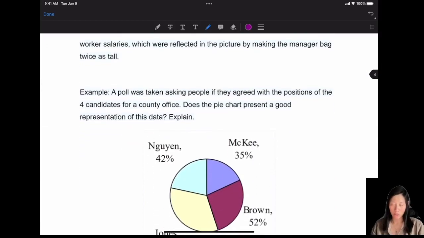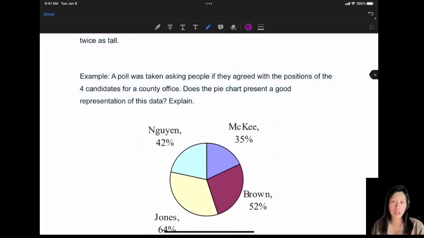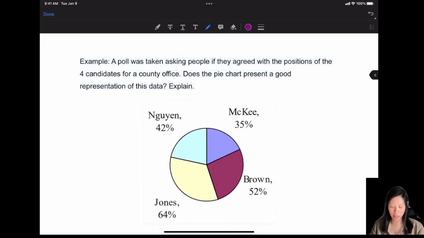Okay, so here's an example. A poll was taken asking people if they agree with the position of 4 candidacy for the county officer. Describe whether the pie chart presented is a good representation of the data and explain why. So now take a look. We have 4 candidates: McKee, Brown, Jones, and Nian.